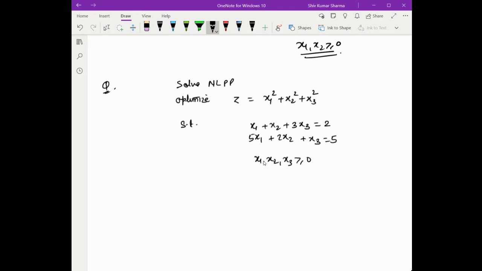So we know that when we are going to solve the equality problem, it is solved by the Lagrange multiplier method. In the Lagrange multiplier method, we make the Lagrange function by using the multipliers. There are two equality constraints, so we use two multipliers.